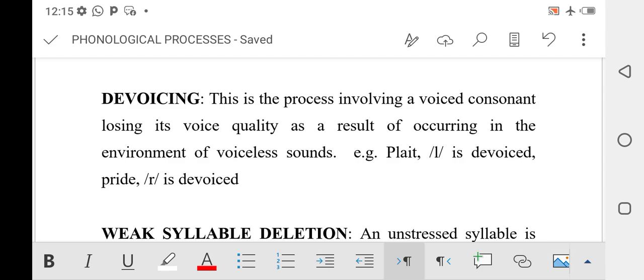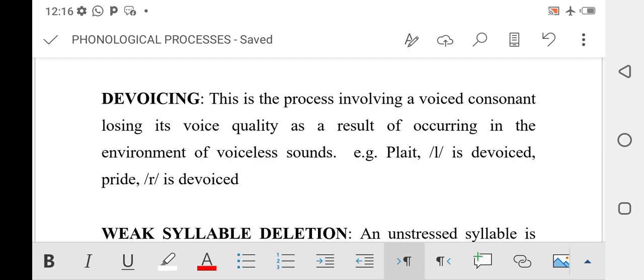Plait, plat. P is a voiceless bilabial plosive. L is a voiced alveolar lateral. So the voiceless bilabial plosive and the voiced alveolar lateral come together.